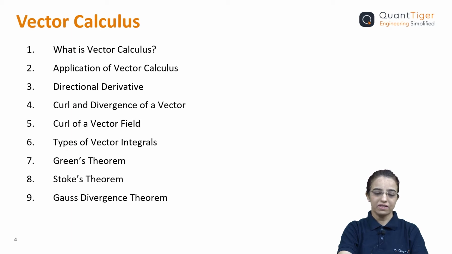First we will see what a vector integral is and then its types, then Green's theorem, Stokes theorem, which are also important, and the Gauss divergence theorem. As we go to each topic, we will discuss it in more detail with examples. Right now I have listed just the topics we will look at throughout this chapter.